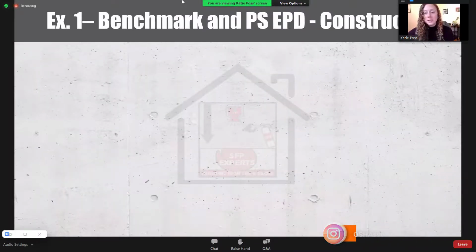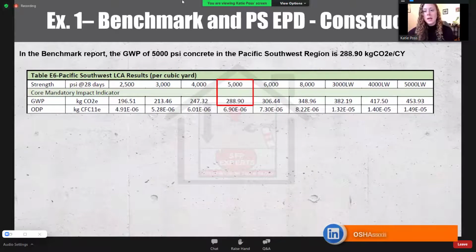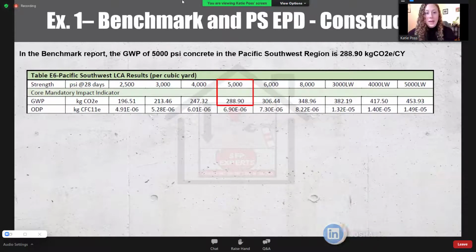Okay, so the same project is progressing. They've already poured concrete, they've gone through the submittal process, and they want to confirm what the actual embodied carbon reduction was. So they are using the same benchmark, 288.90.